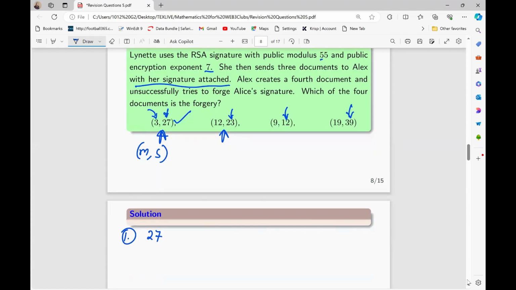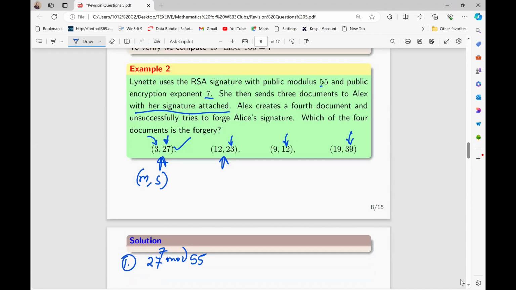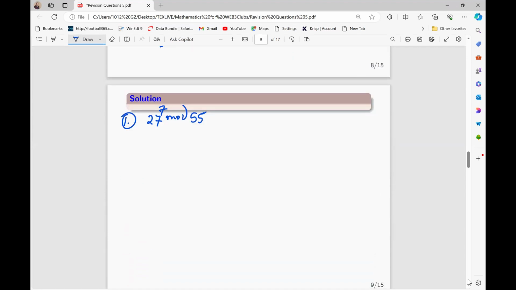Those two are public, they're in the public domain. Let's see whether these are smaller numbers which you can do with your calculator in one step. If they're not, we shall use the fast powering algorithm.